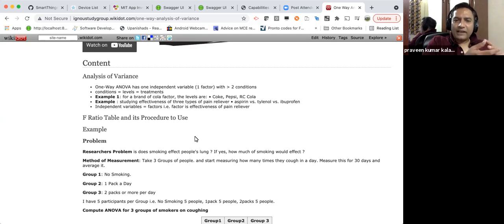So that is where ANOVA gives a methodology on how exactly you are going to compare these groups, and how you can conclude that the natural variations you are seeing are discounted, and that I'm making a conclusion that is dependent on the smoking habit, whatever the problem statement we have taken.